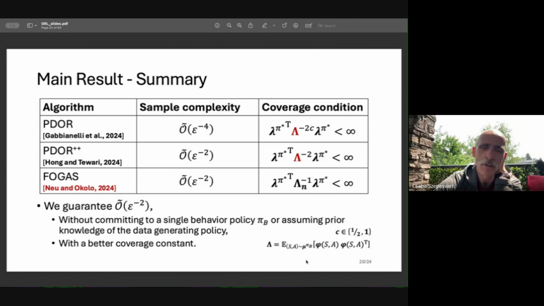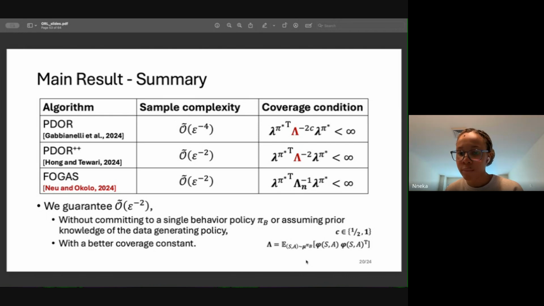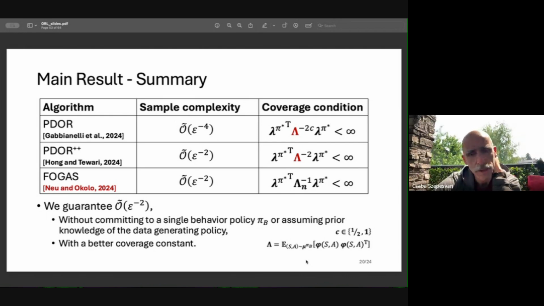Or put it another way, to put things on equal footing, assume that you have a single behavior policy generating the data. Can you get a bound that depends on the expected coverage of the features without blowing up this term? Maybe you can.